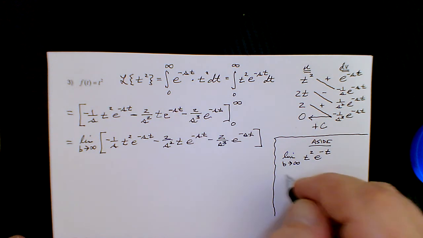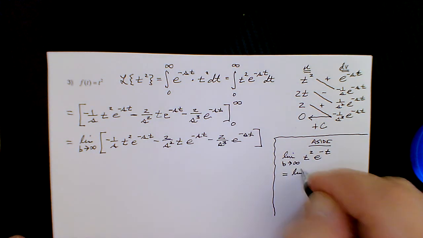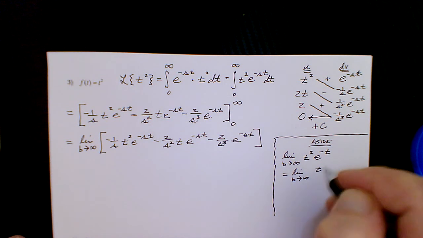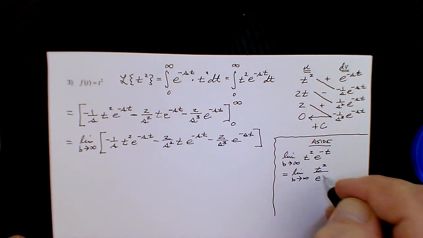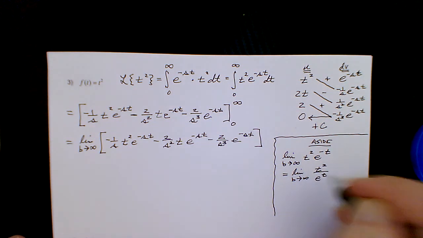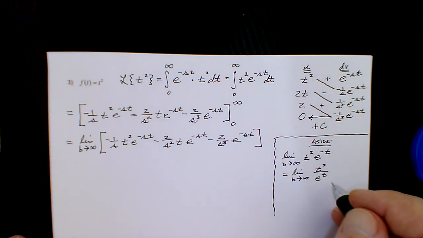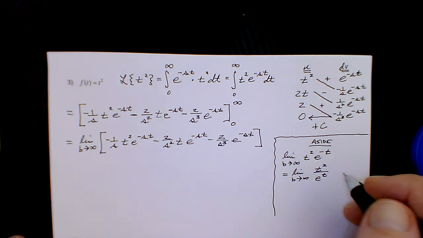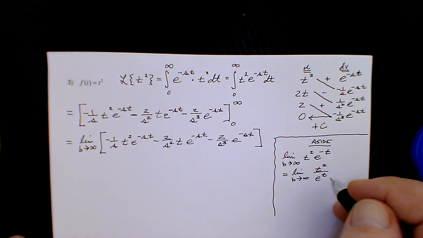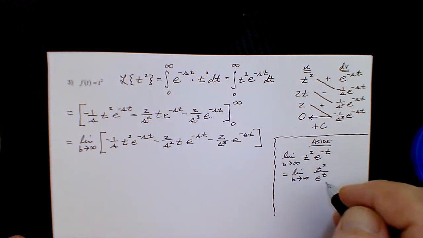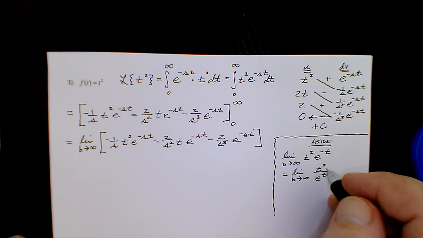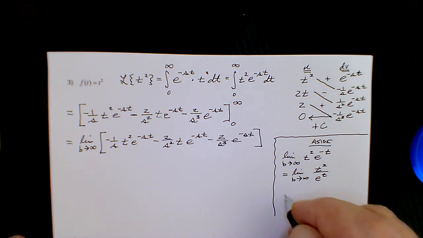This limit, you actually have to use the calculus 1 rules, or 2 rules. Make it a fraction by writing it as t squared over e to the t. And from there, you could use L'Hopital's rule, because direct substitution would give you infinity over infinity.